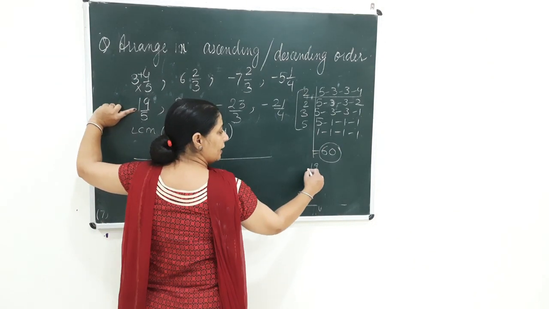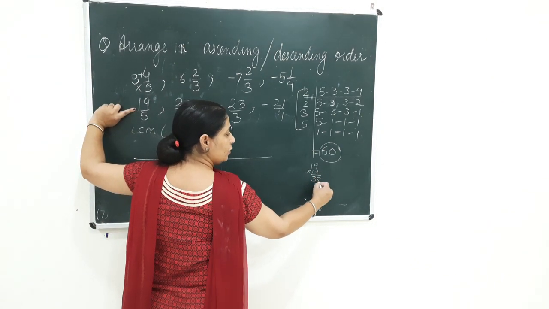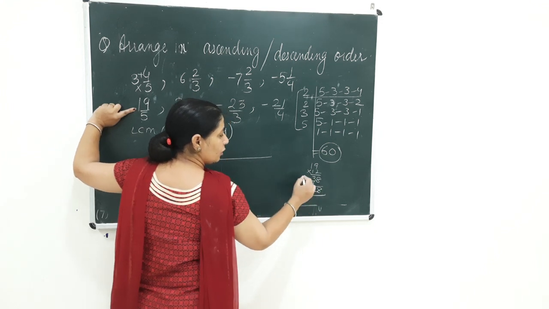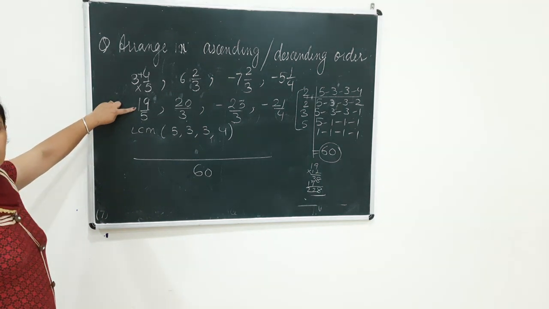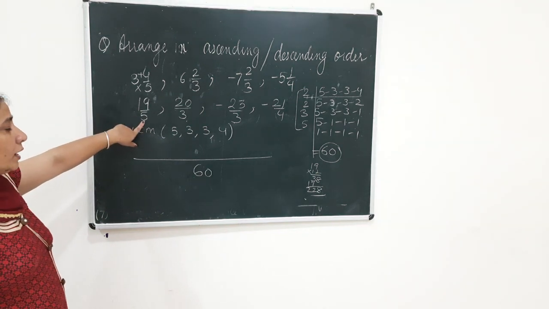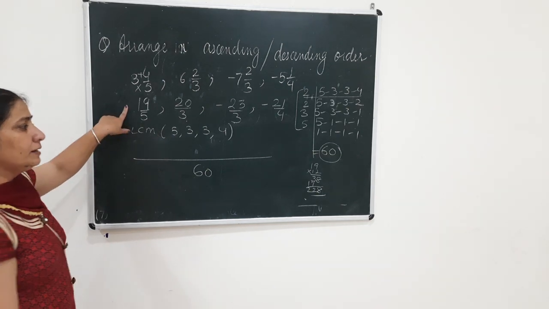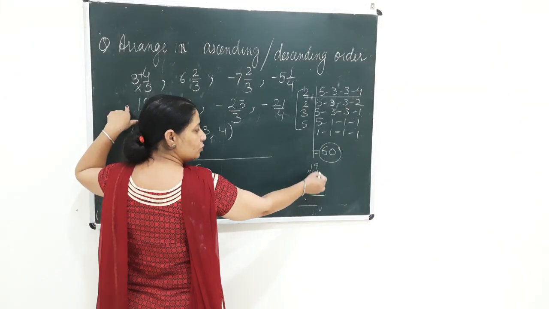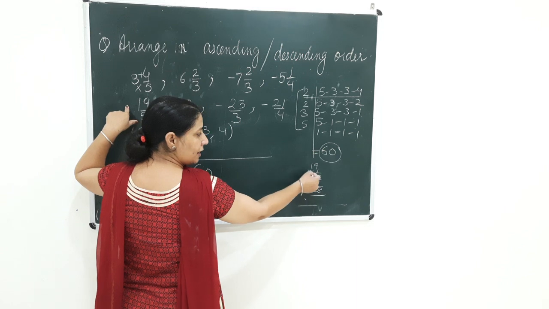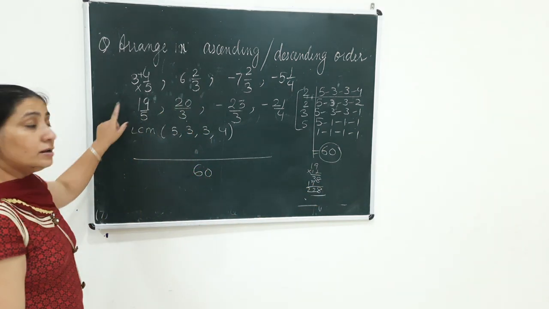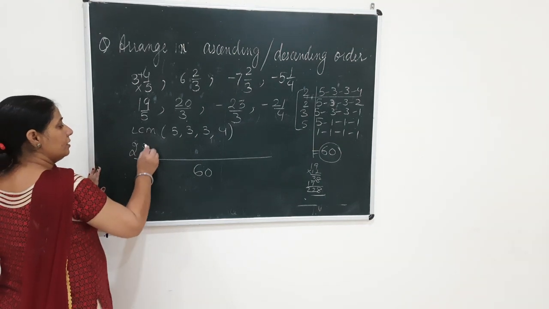When you multiply 19 with 12, 19 2s are 38 and 19 1s are 19, so you get 228. Clear? So again I am telling you, 12 5s are 60 and 12 multiplied by 19, you get this 228. So you will write 228 here.